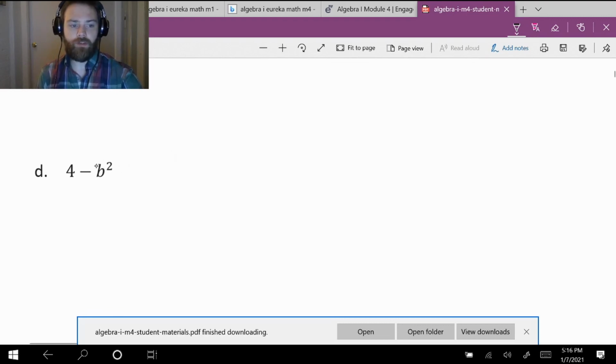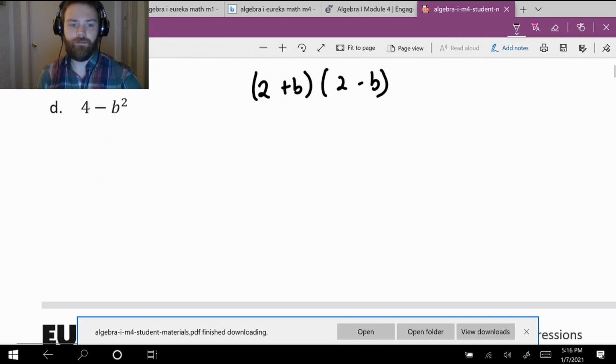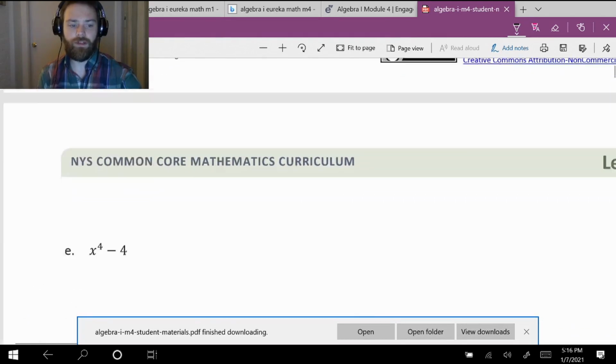For 4 minus b squared, I've got 2 plus b, and then 2 minus b. So the square root of 4 is 2, so that goes there and there. The square root of b squared is b and negative b. So it all works out the same.